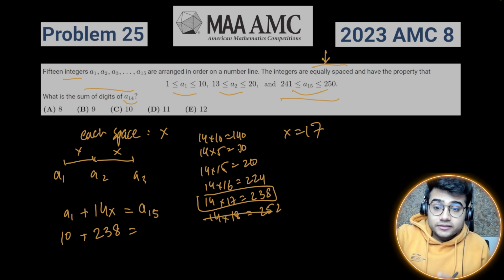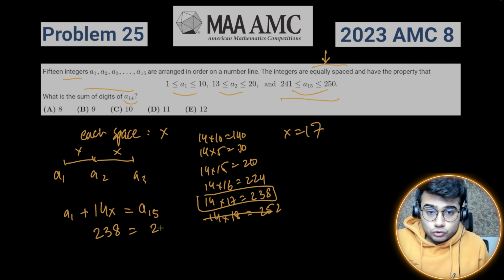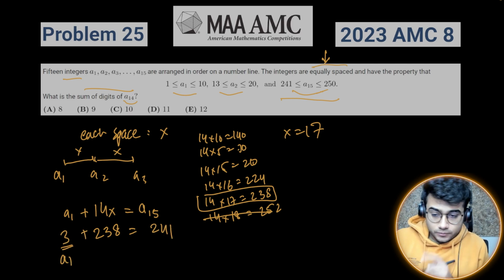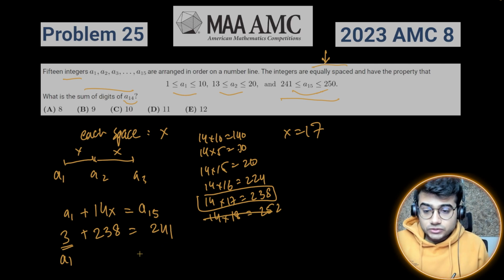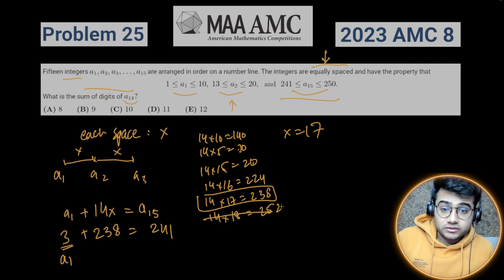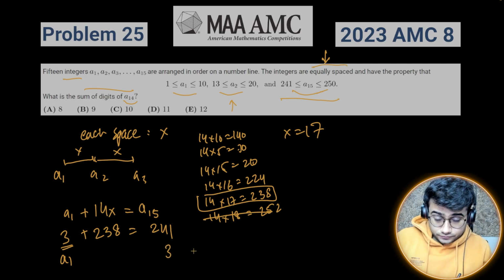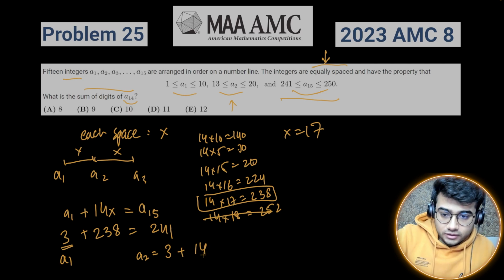And the minimum a1 can be, well, that's the more important one. To get to 241, it has to be 3. So that's the minimum for a1. Okay, so let's try to use this information that a2 is between 13 and 20. If we take the minimum value of a1, which is 3, then a2 would be a1 plus, sorry, not 14, 17.